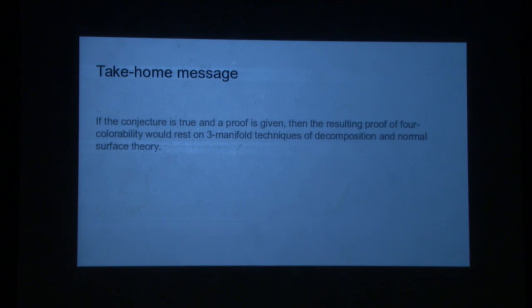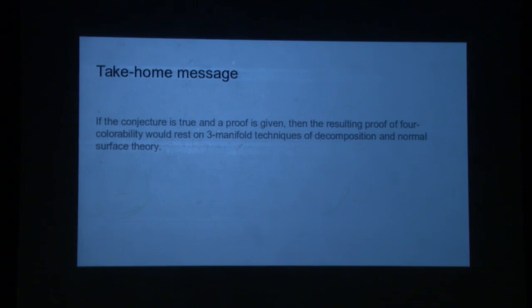So the take-home message here, I think, is that if, in addition to this non-vanishing theorem, the conjecture is true, leading to a proof of Four Color-ability, if that happened, through this non-vanishing theorem, the proof would rest on three-manifold techniques in an essential way, decomposition, normal surface theory stuff, Gabai's work in particular.